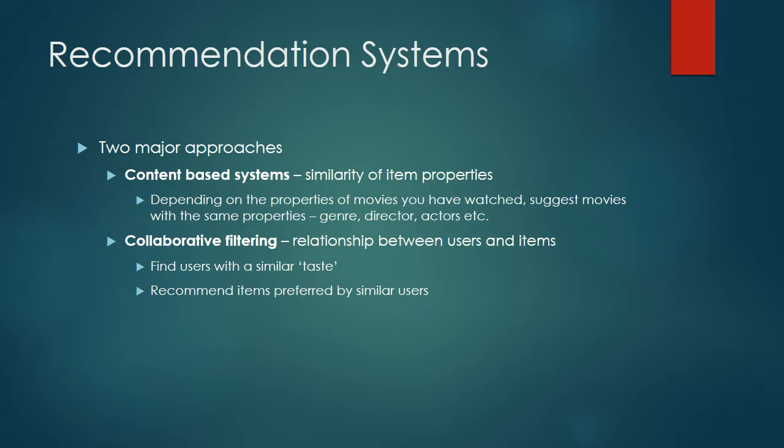So you can think from a Netflix example, this could be the genre of the movie, the director, the actors who are in this movie, and using these properties, think of it like tags or features which describe this movie in some sense. I can decide what the properties for this particular movie are.